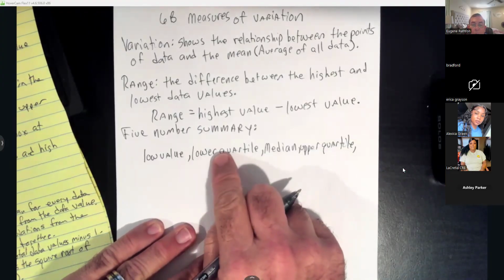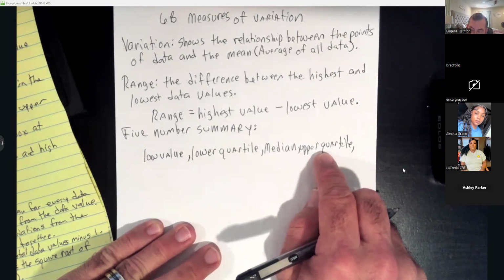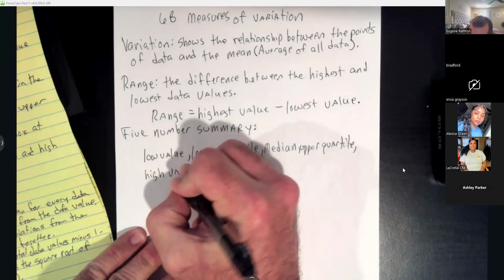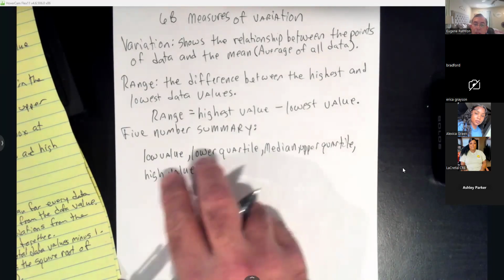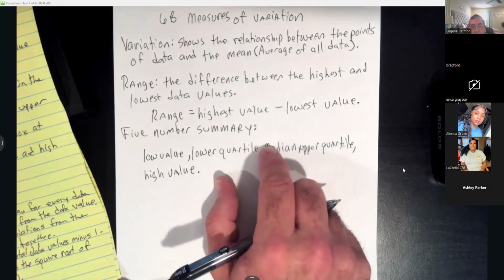So low value, lower quartile, median, the upper quartile, and then our high value. So those are the 5 things we look at when we talk about our 5-number summary.